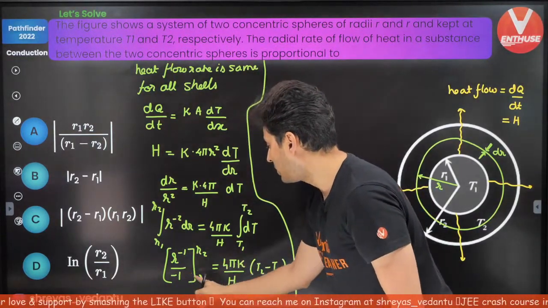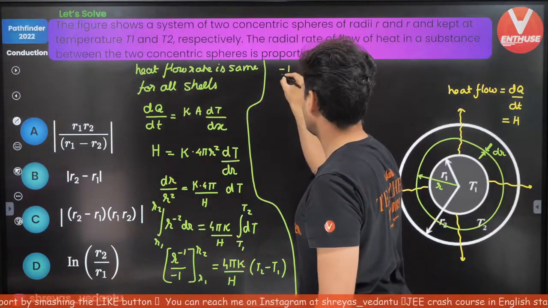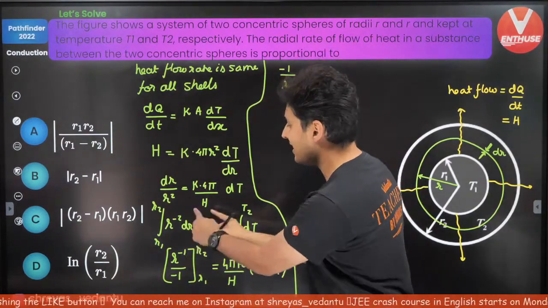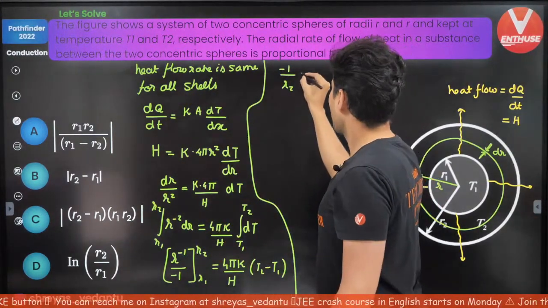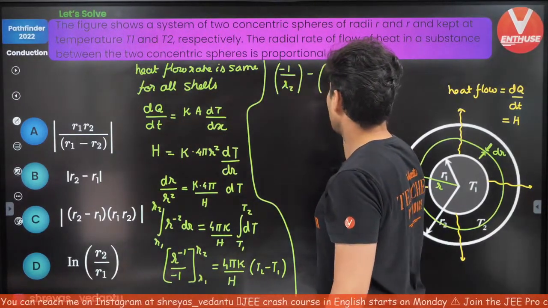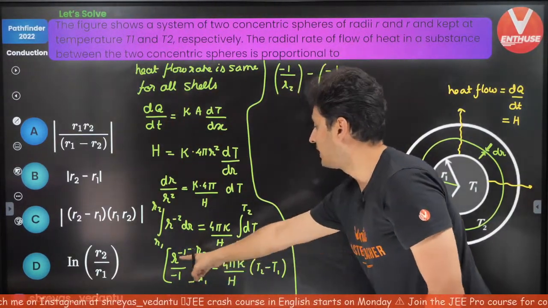So first put r2, then put r1. So minus 1 divided by r2, because r raised to minus 1 is 1 by r, minus 1 divided by r1, put r1 over here.